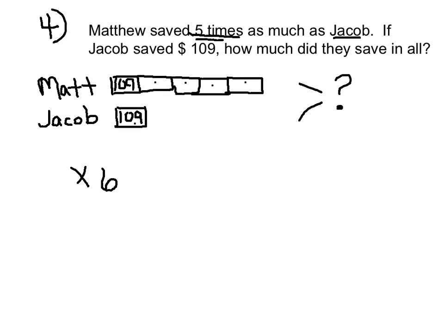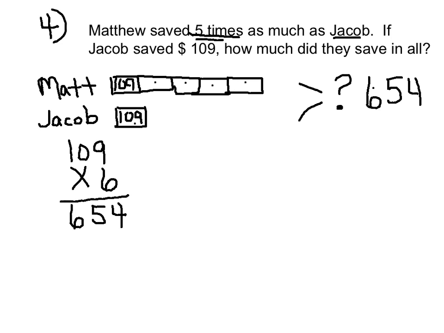And that's multiplication. 6 groups of 109. 6 times 9 is 54, and 6 times 1 is 6. So the two boys altogether saved $654. Good job, guys. Good saving money.